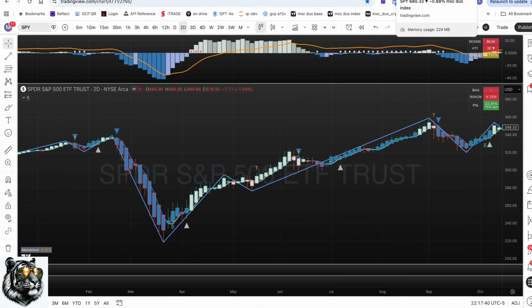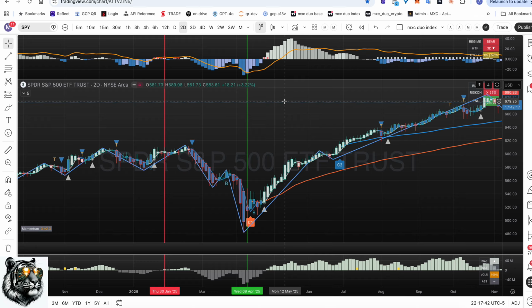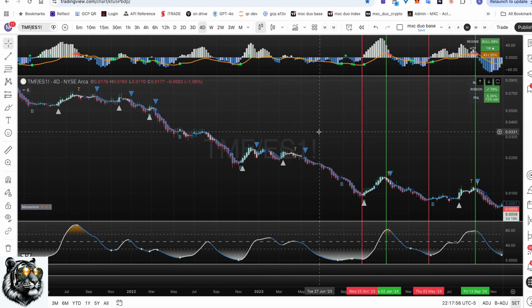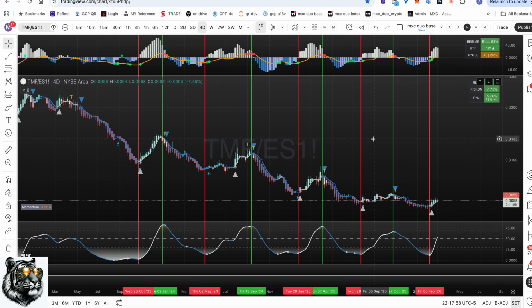If I shift to the second example, which was the more recent example in 2024/25, at the end of 24, beginning of 25, I was just showing that before. So let me again highlight it in the TMF indicator. If we look at it carefully, that is the signal on January 28th, 2025.